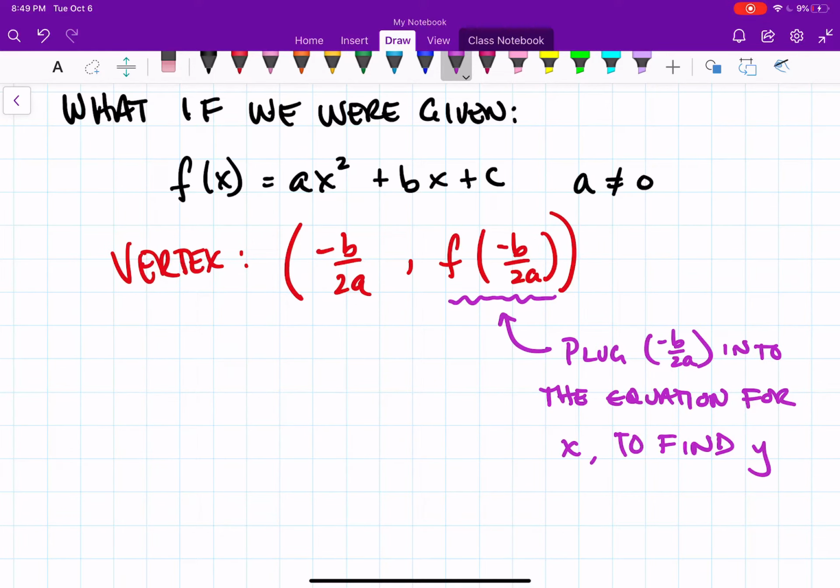That's all that is saying. So don't think that it is confusing. That is exactly what it is. You've got to find the vertex.